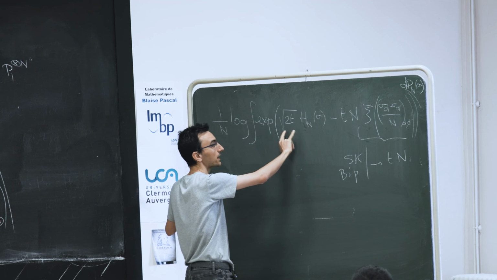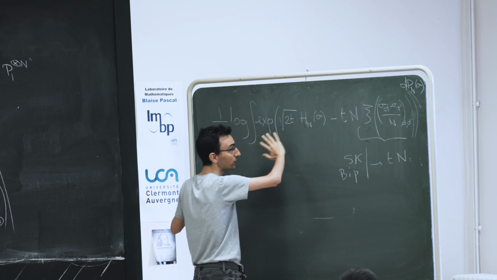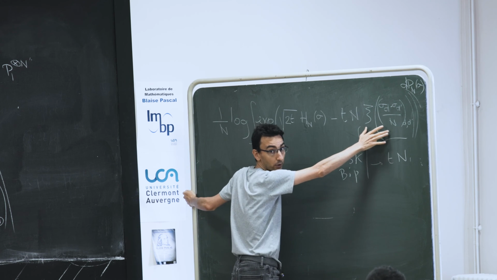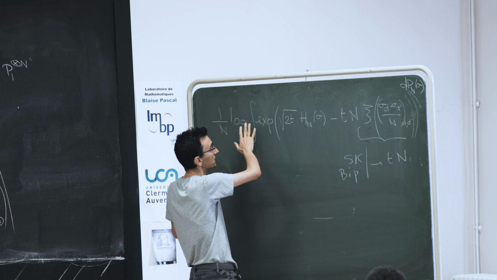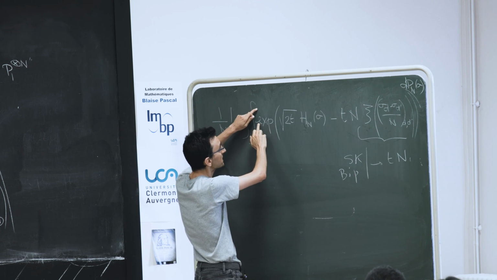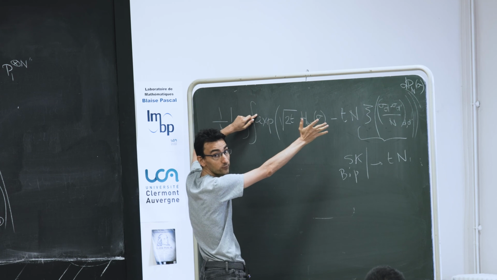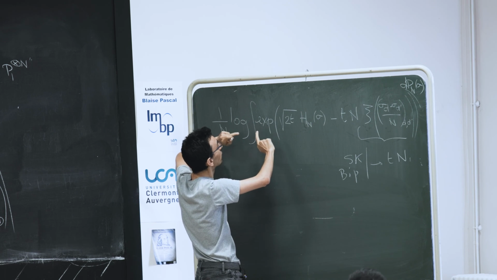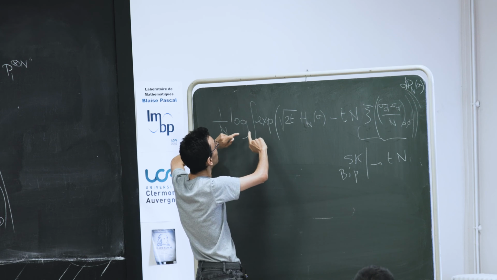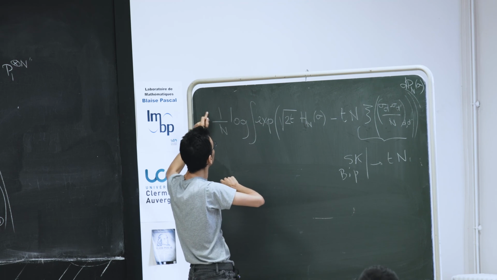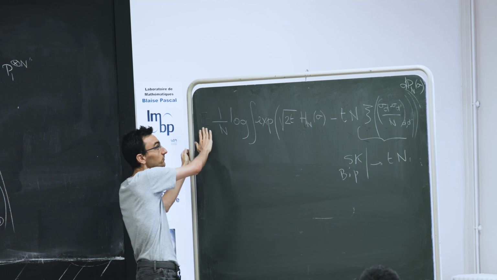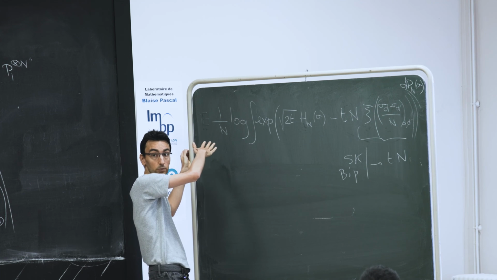So since I built in the definition of the free energy, I did this compensation part. You see that, in particular, if I were to take the expectation of this exponential, it would give me 1, right? So if I take the expectation outside, by Jensen inequality, it's going to give me something which is smaller, so it's going to be negative.